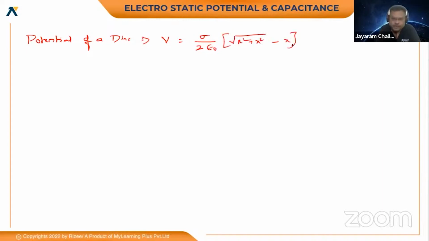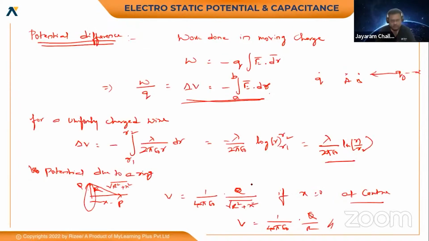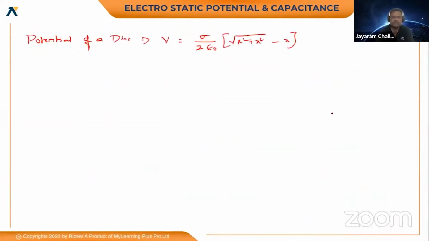It is the potential due to the disk. Earlier, we wrote the potential due to the ring. So the integration of the potential due to the ring from 0 to r will give you the potential due to a disk. So I'm going to the next one.